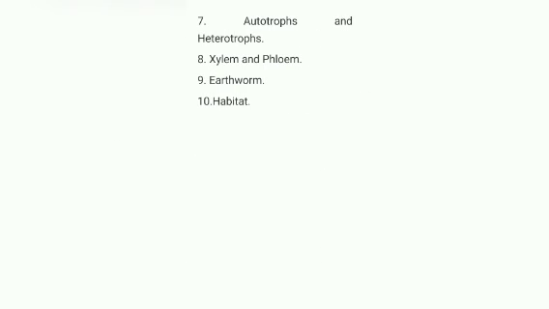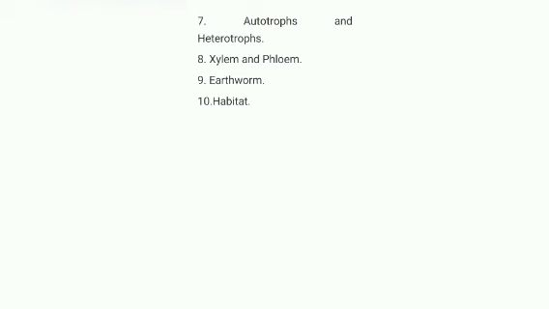Now let's talk about autotrophs and heterotrophs. From the word itself, you may guess that autotrophic is the mode of nutrition in which plants make their own food by themselves in the presence of carbon dioxide, water and sunlight.